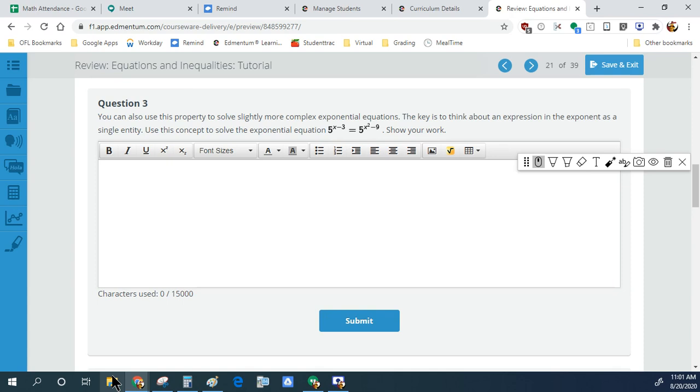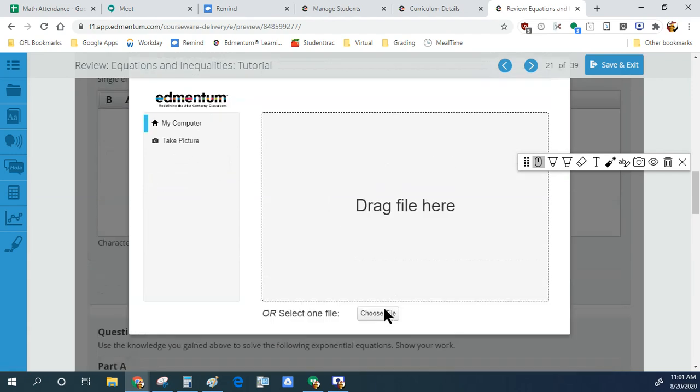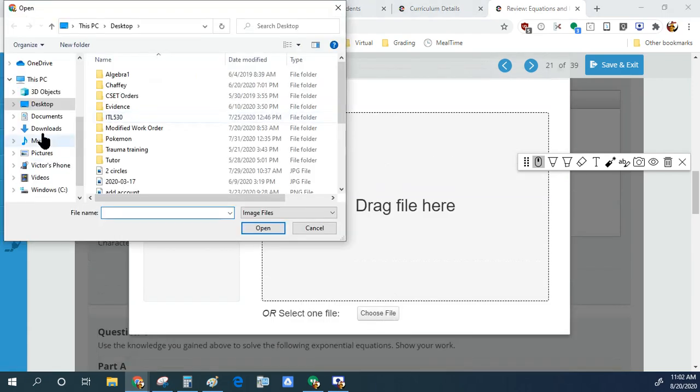Or what you can do is email yourself. So you can always email yourself a picture and save it to the computer. So let's pretend doing it with the cell phone's a little tricky. So what you do is you insert a picture, go here. You're going to want to find your cell phone. So where's my cell phone? So Victor's phone.